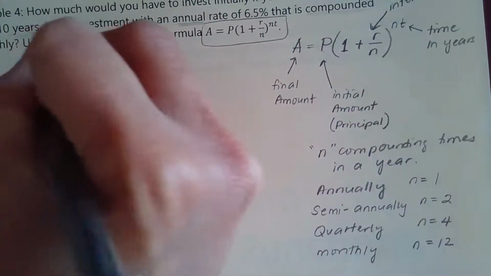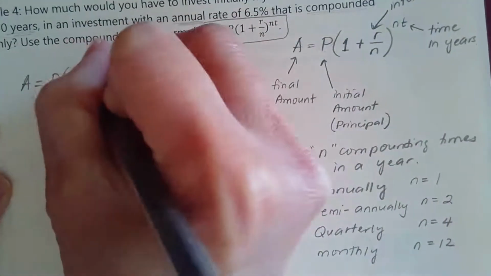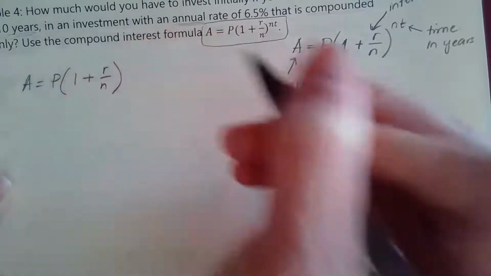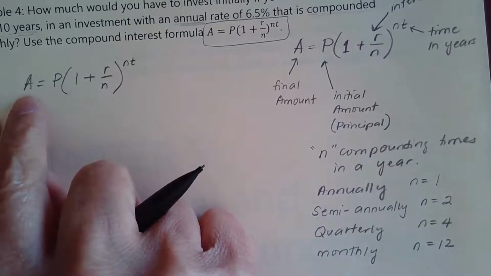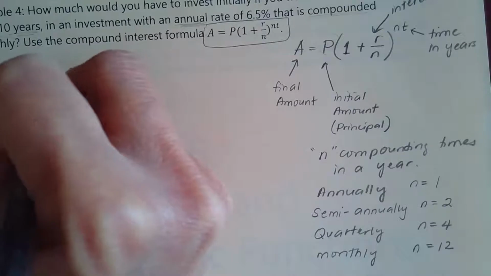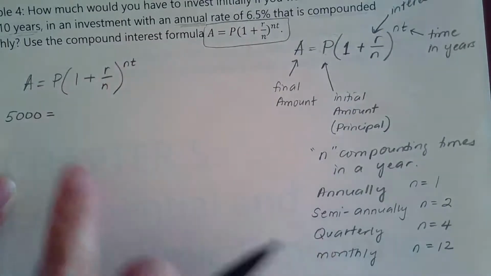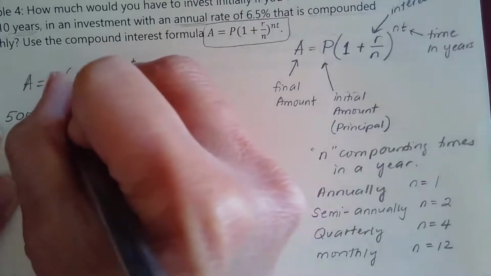So A equals P times 1 plus R over N to the exponent NT. Okay, so we want our final amount to be $5,000. So we're going to put $5,000 here, equals, I don't know how much I'm going to put in for now.